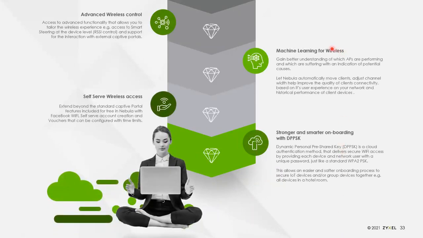As I mentioned, we have artificial intelligence, which helps automatically tweak the wireless network to solve performance issues. Dynamic pre-shared keys is another new way of doing security where instead of having users use 802.1X to authenticate, everybody gets their own unique pre-shared key. They use the same SSID, and depending on the pre-shared key they use, you can apply different VLAN settings to them.